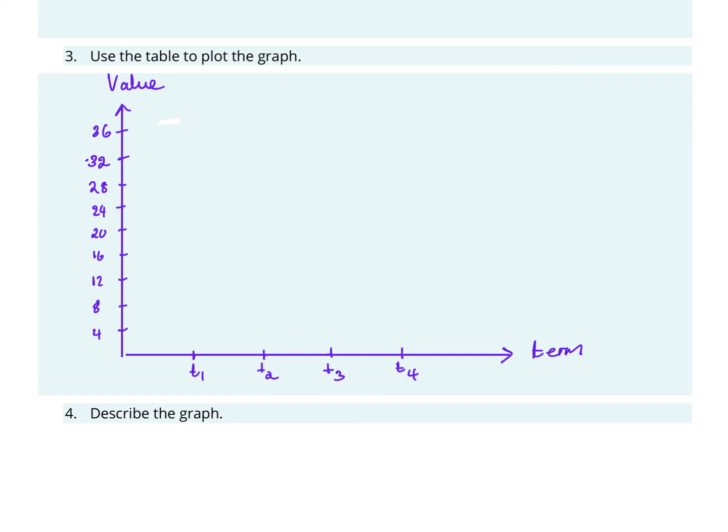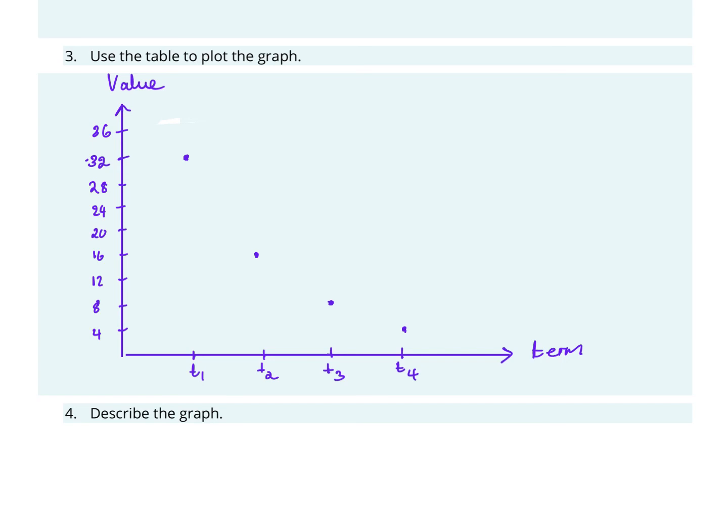Now, using the values that we have, I know that T1 was equal to 32, T2 was equal to 16, T3 was equal to 8, T4 was equal to 4. Now, that's what our graph looks like.